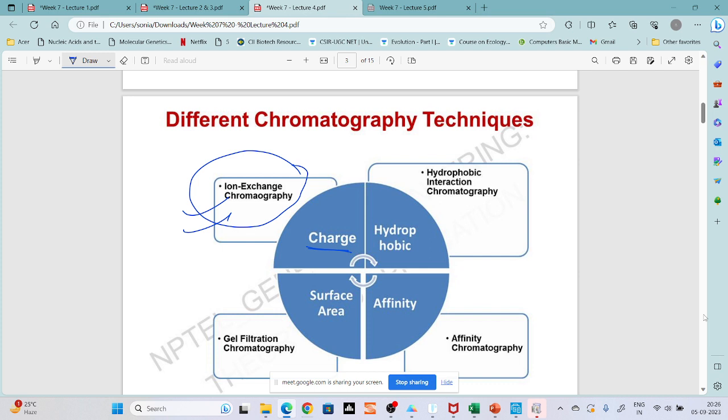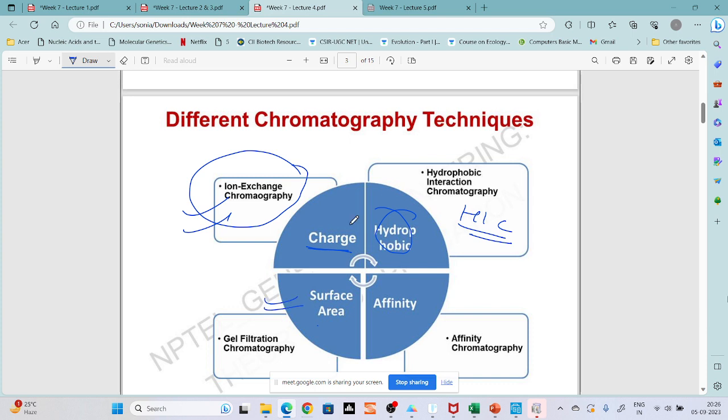Hydrophobic interaction chromatography means by taking out the hydrophobic inner shell of the protein, you can separate those proteins with the help of HIC. Hydrophobic interaction, we call it in short as HIC. Gel filtration chromatography is based on surface area, and affinity chromatography exploits the affinity. This I will explain in the next class when you will study about it.